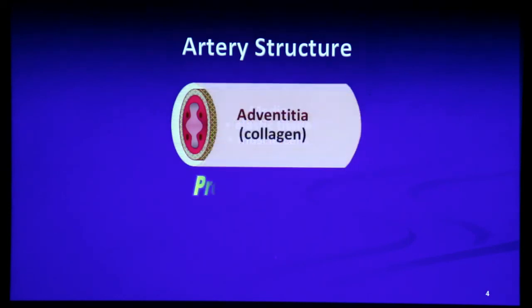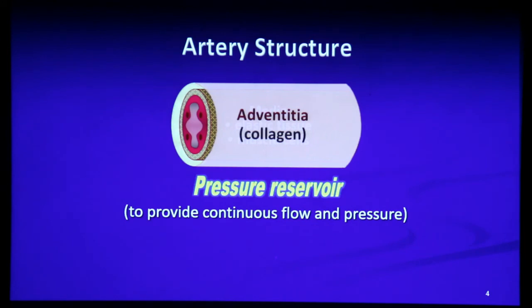So why do we need an arterial structure like this? Because this forms a pressure reservoir which provides a continuous flow and pressure for the blood to be driven to smaller capillaries. Otherwise, if we have low pressure, once the pressure drops, there will be no flow to the capillaries or to the tissues. So the capillaries are responsible for tissue blood flow.